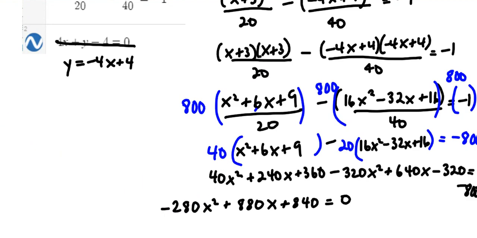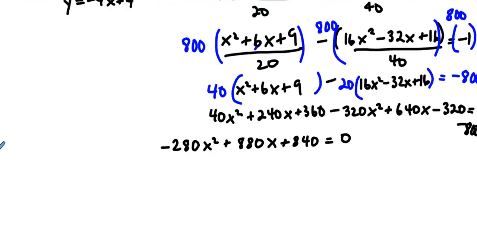That's what I told you earlier: to have smaller numbers, we will divide everything by 10. Or we could have also divided everything by 20, but I did 10.